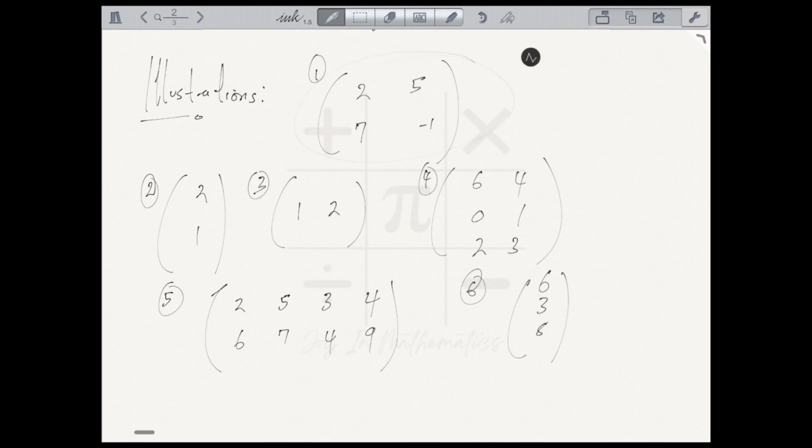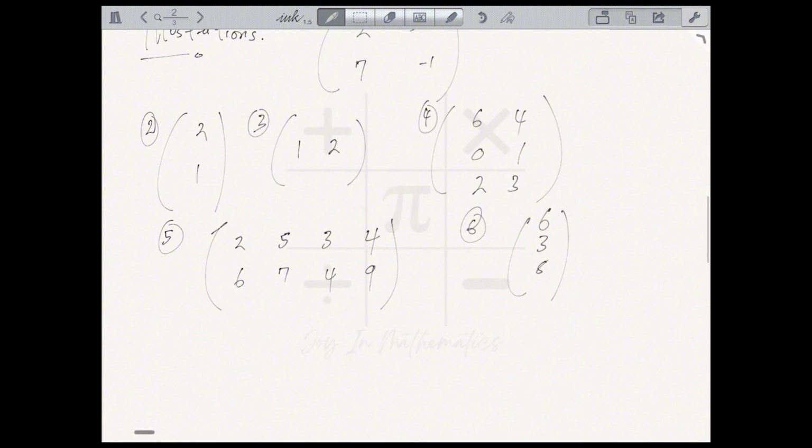You can see that this is 4 numbers. We can also say that this is just 2 numbers, and we say that this is 1 by 2. Likewise, this involves 1 by 2, but they are arranged in different ways. We can also see this as 6 numbers, this is 8 numbers, and 6, 3, 8 is a single number.